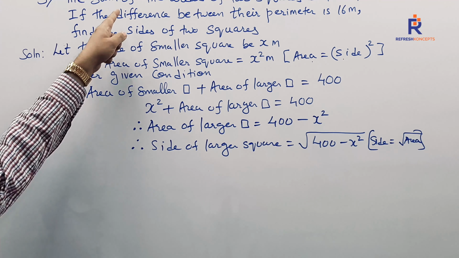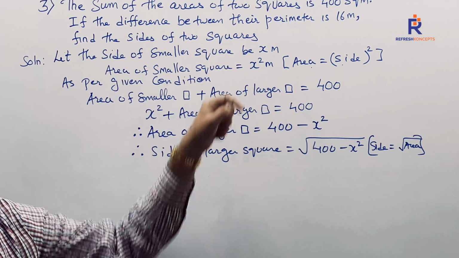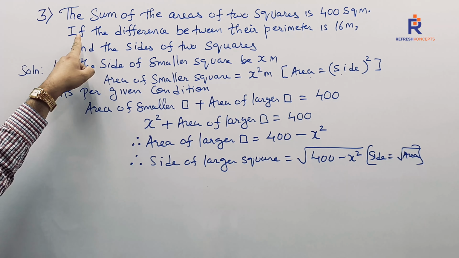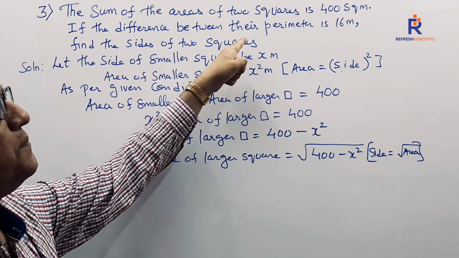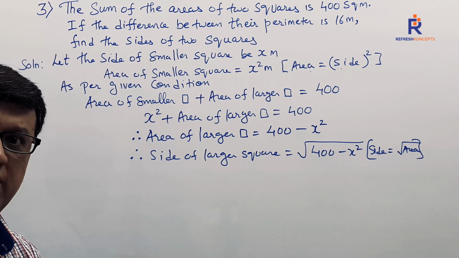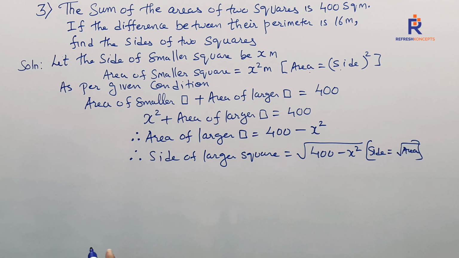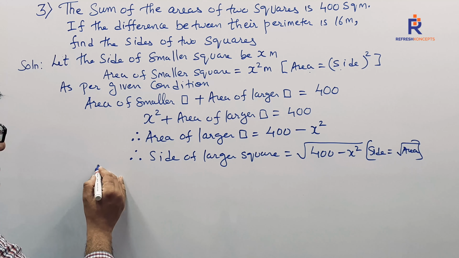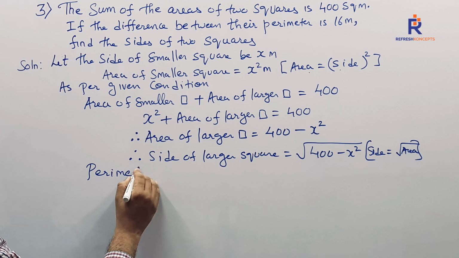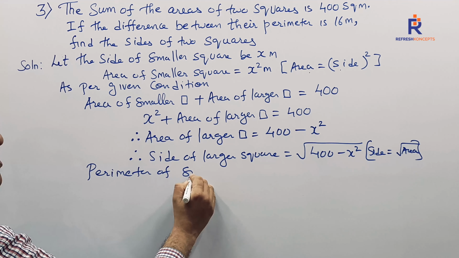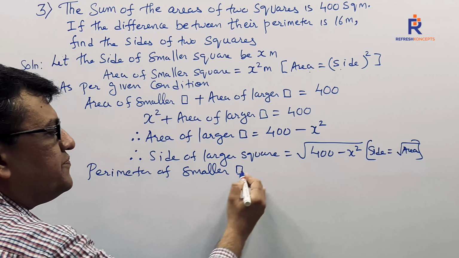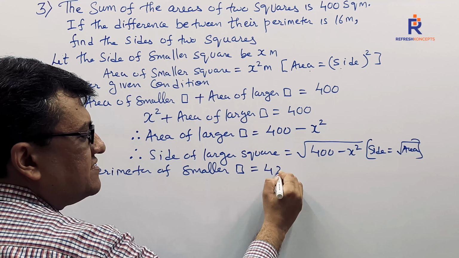So children, now we are done with the first line. Let's focus on the second line: the difference between their perimeters. So I need to know the perimeter of the first, that is the smaller square, and the perimeter of the larger square. Step by step is what we go with. Perimeter of the smaller square, I'm taking symbols here, is 4x.